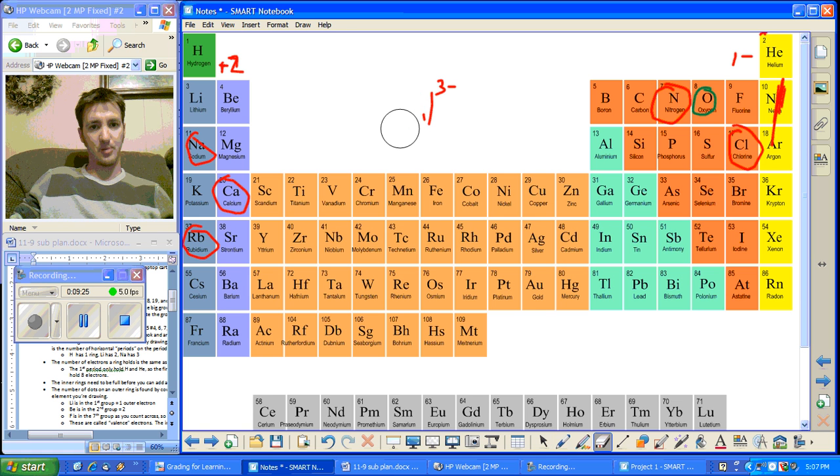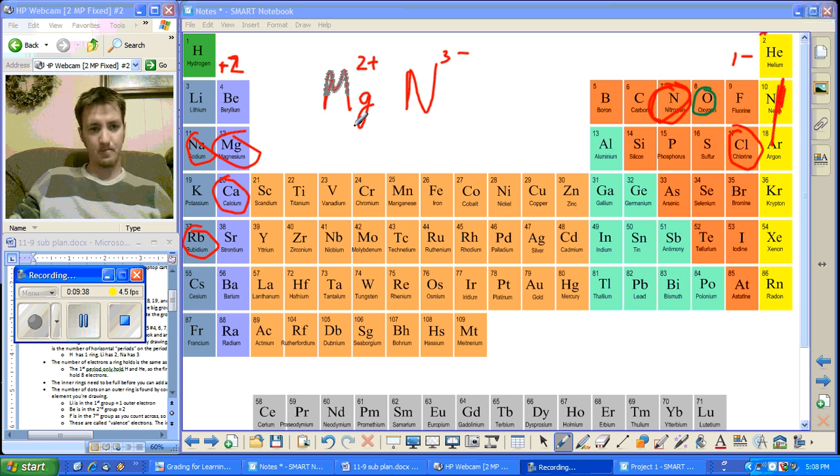And this is really helpful for ones like magnesium plus nitrogen. Okay, so see if you can figure out magnesium and nitrogen. We've got magnesium 2 positive, nitrogen 3 negative. So it's hard to find a number those both go into. 2 and 3 both go into 6, though.